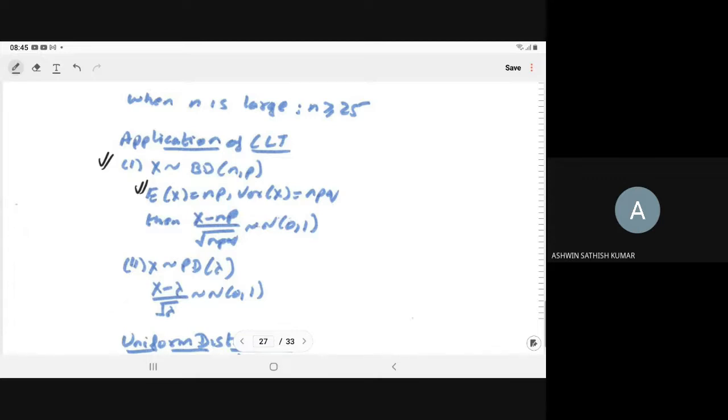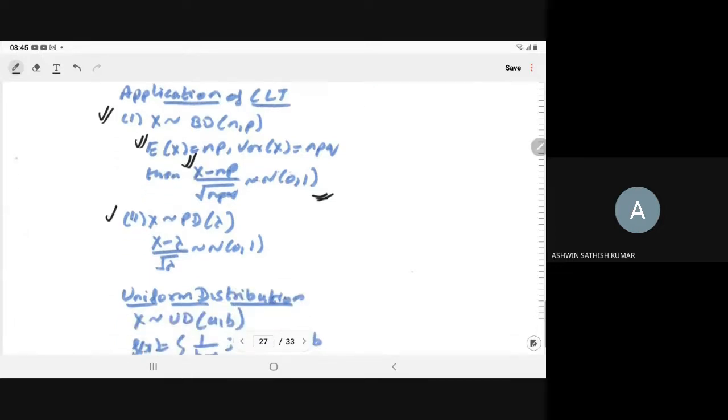So if you take x minus the mean upon the square root of the variance, that is x minus np upon root of npq, it follows the standard normal distribution. That is the application. Whether you have the table of the binomial distribution or not, you can determine the required probability through the standard normal table.